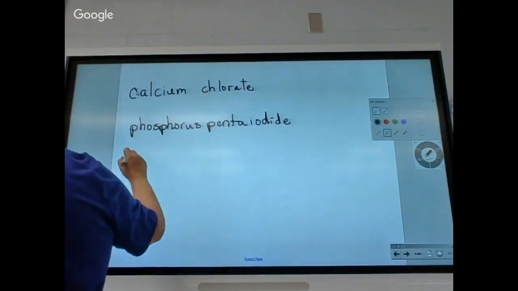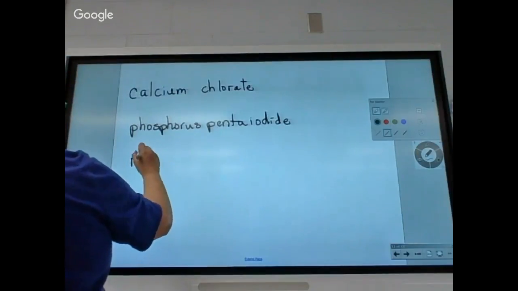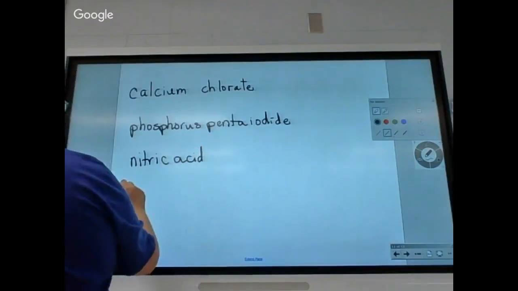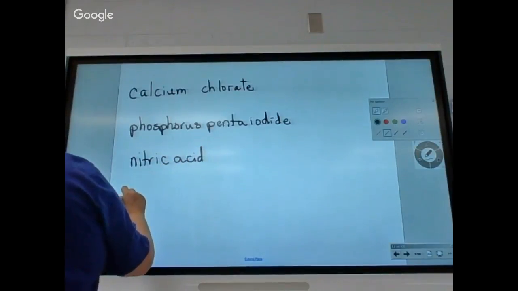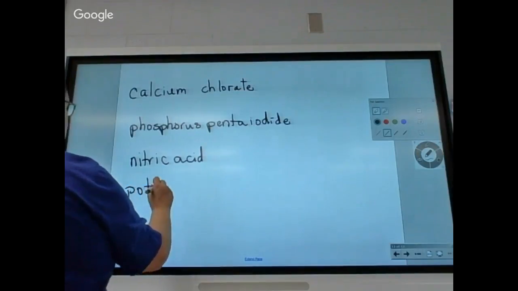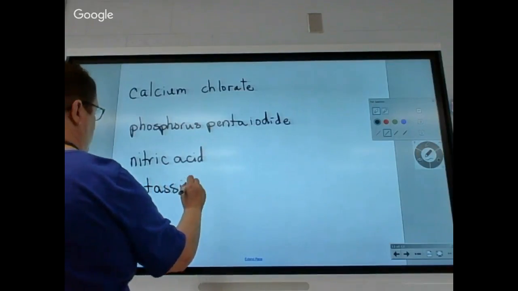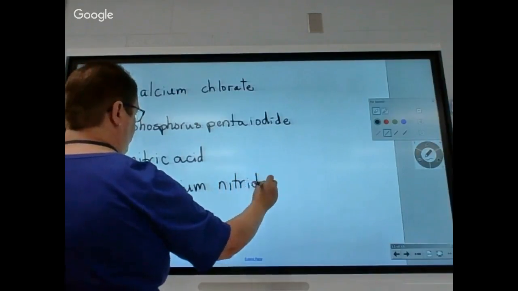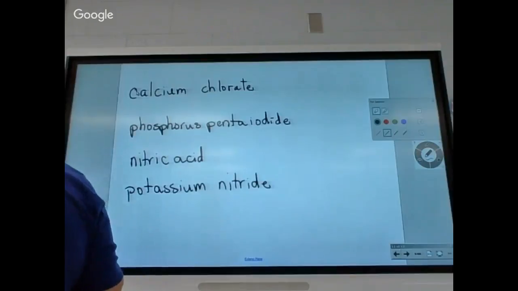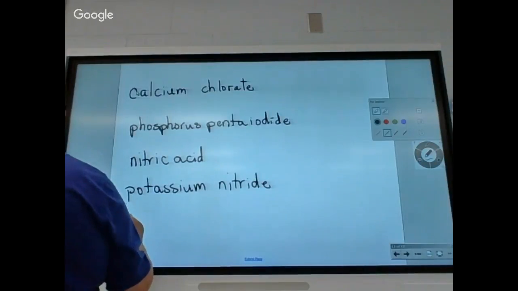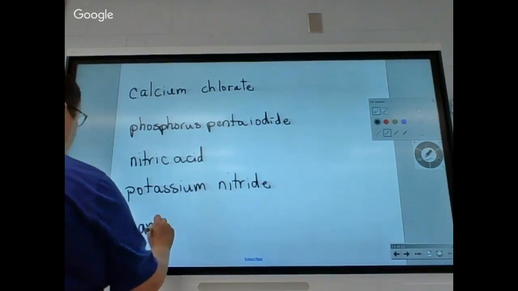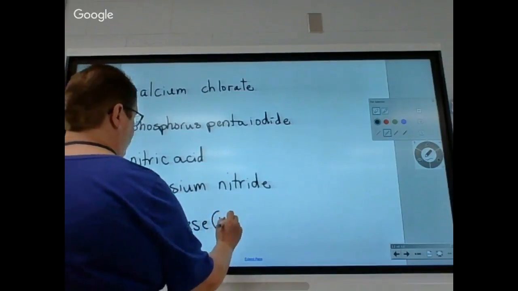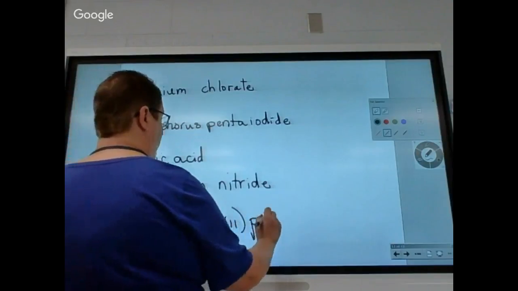I give you nitric acid. I give you potassium nitride, and I give you manganese 7-permanganate.